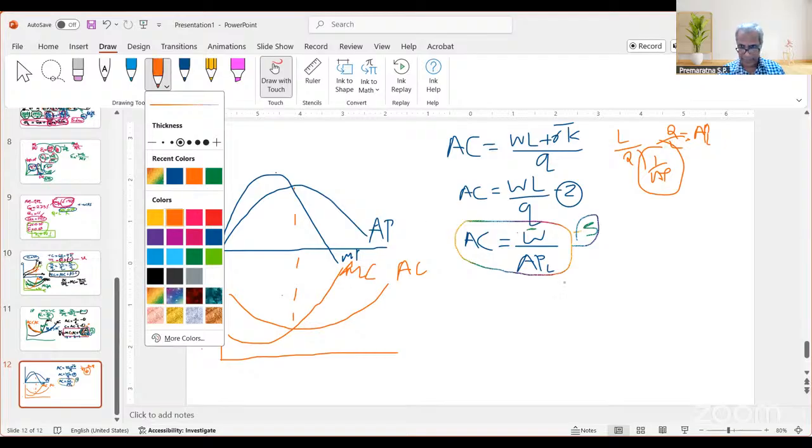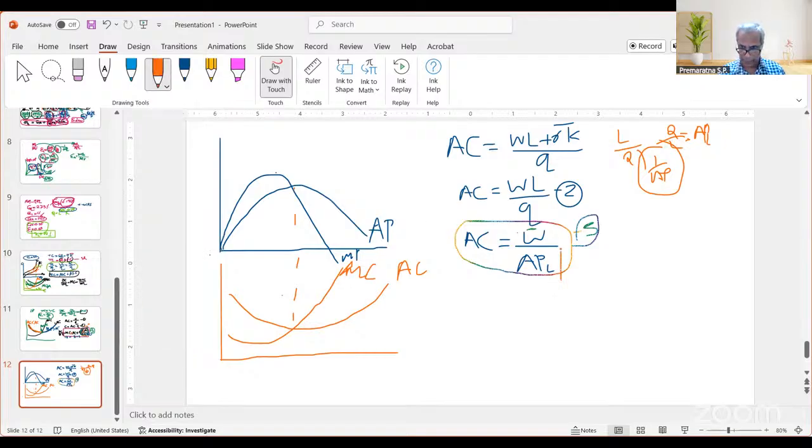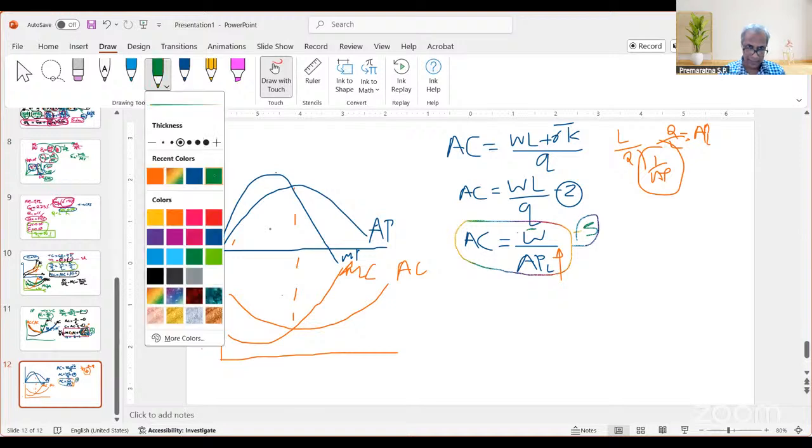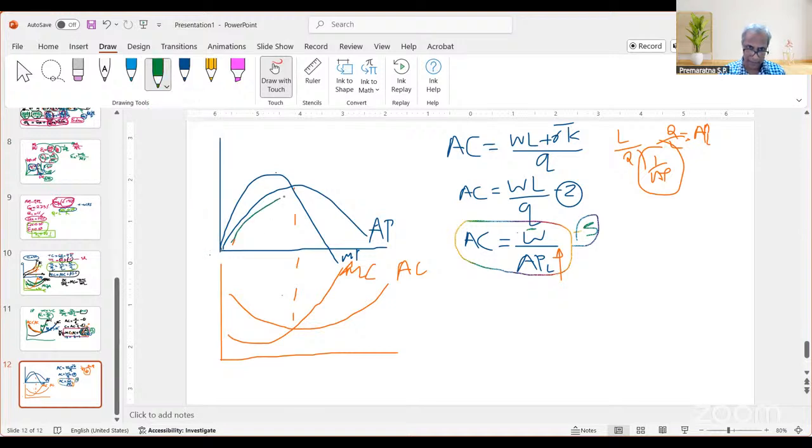If the wage rate is given, when the average product increases, since W is constant, I'm talking about the average product increasing, this part, like here, in other words our stage 1, and the average product increases, the average cost must decrease because W is constant.